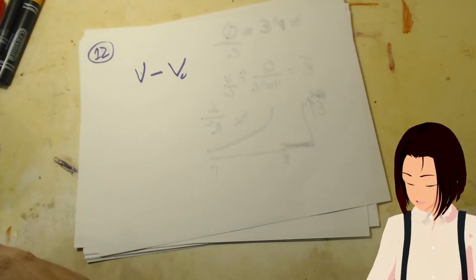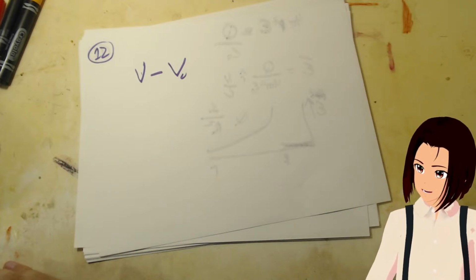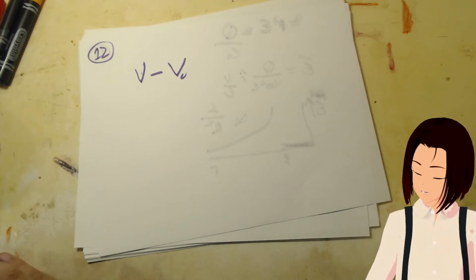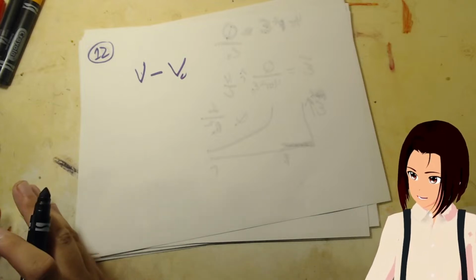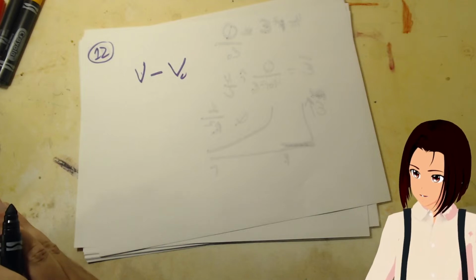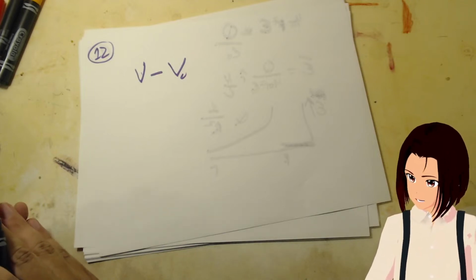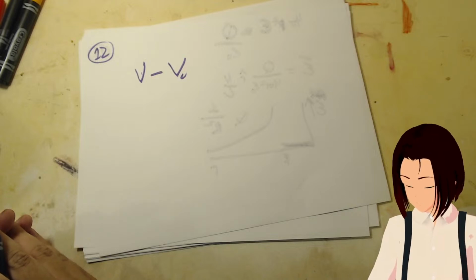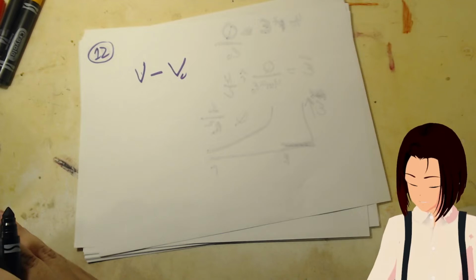So, equal potentials. We have to go over that very briefly. The idea of an equal potential is that if a charge moves on an equal potential, the electric potential doesn't change.